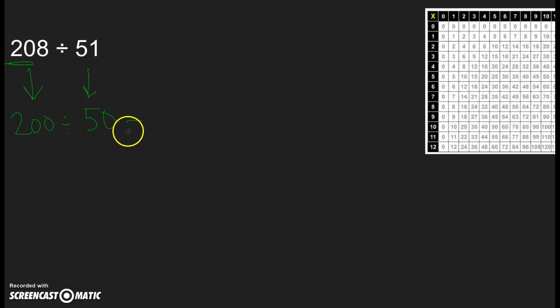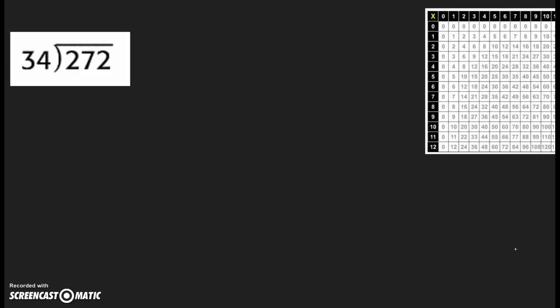Well, I know that 20 divided by 5 is 4. So 200 divided by 50 will also equal 4. So my answer to this problem is about 4. That one's fairly easy. We'll move on, take a look at another problem.